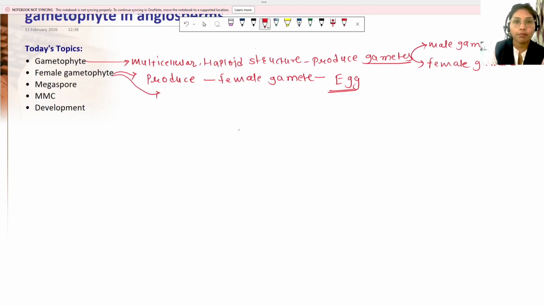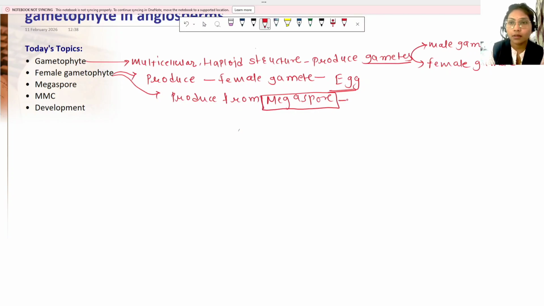Now this female gametophyte, how does it form? Female gametophyte forms from megaspores. Now what is megaspore?